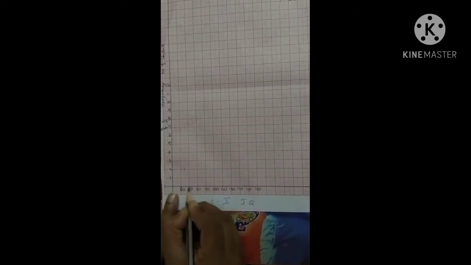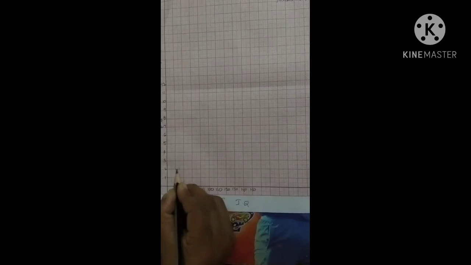The mid value of 60 to 70 is 65. So you draw the graph for 60 to 70. Okay, children, did you understand? It is 60 to 70, and the number of students is 2.